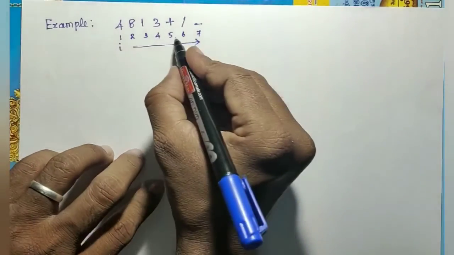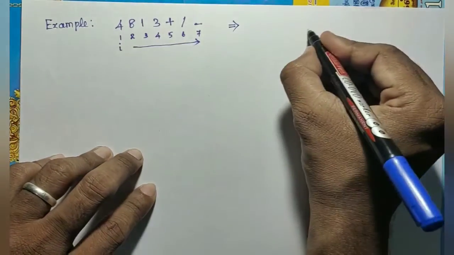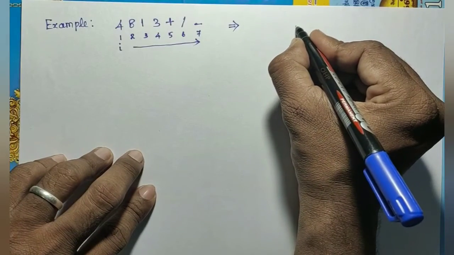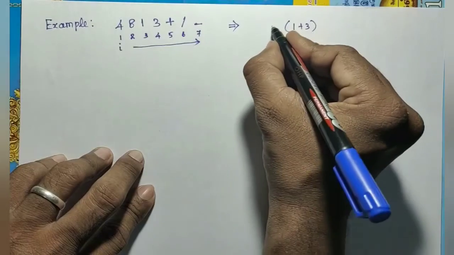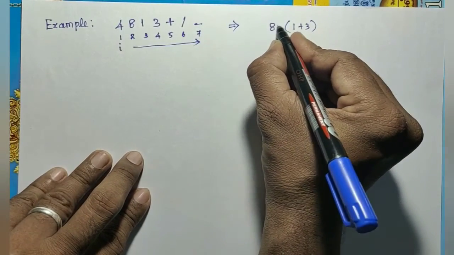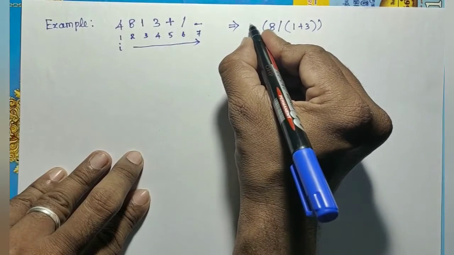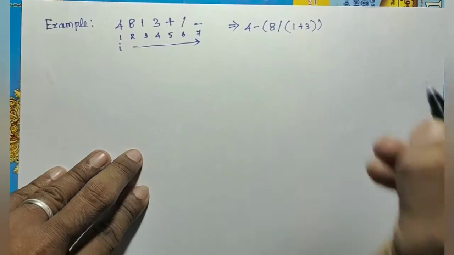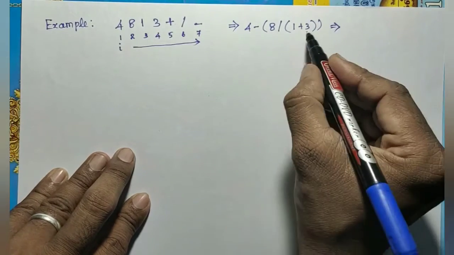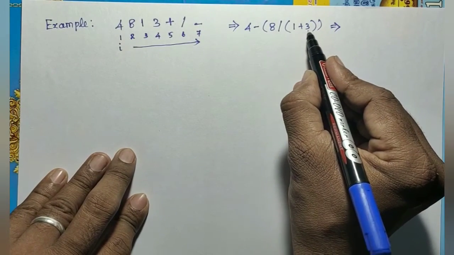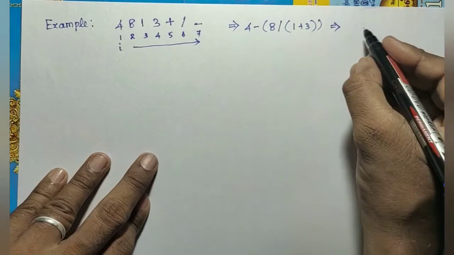This expression is equivalent to the infix expression 4 minus 8 by (1 plus 3). If you are evaluating this, the result should be: 1 plus 3 is 4, 8 by 4 is 2, 4 minus 2 is 2.